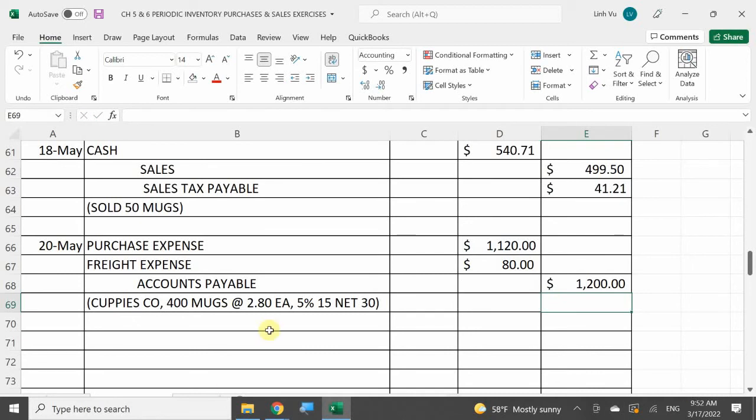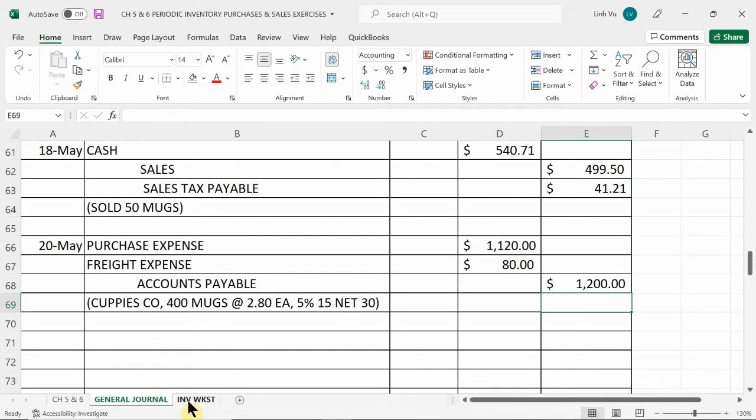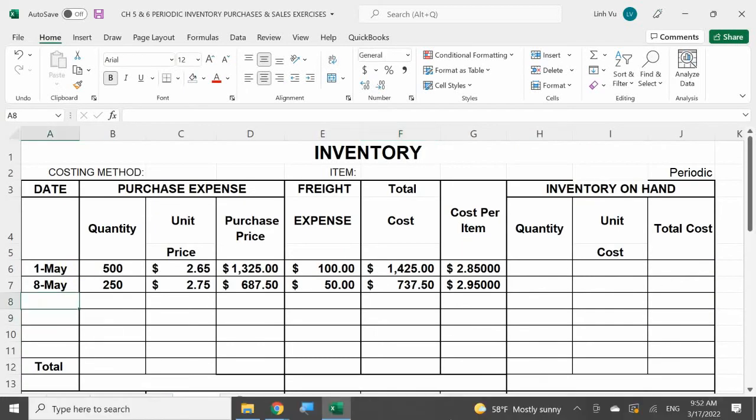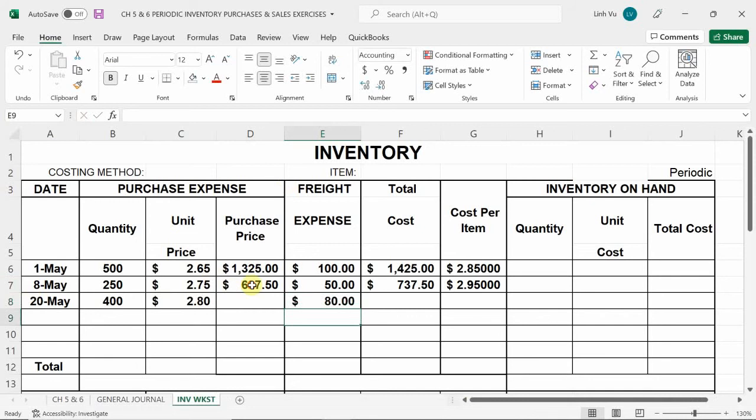So that's exactly what I'm gonna do. I'm gonna pop this into my inventory worksheet. On May 20th, we purchased 400 units at $2.80 with a freight of 80, which we already know to be $1,120 plus 80, $1,200.